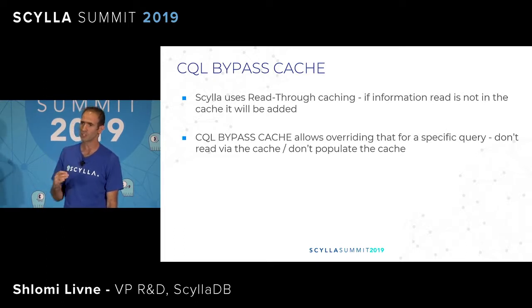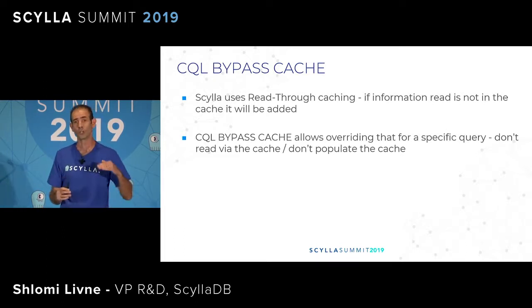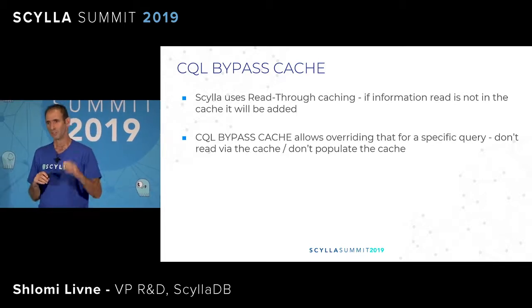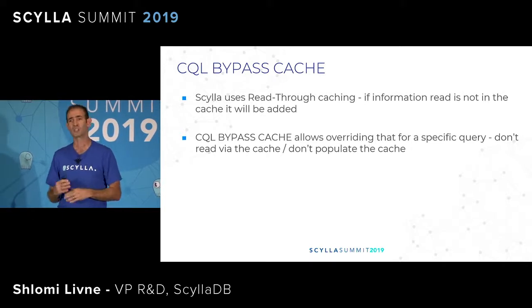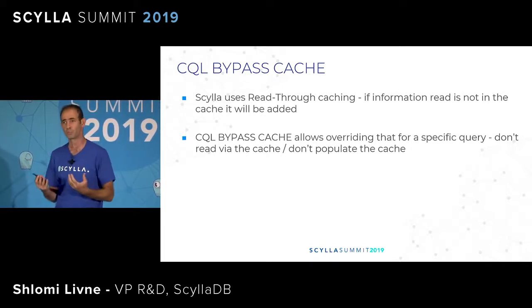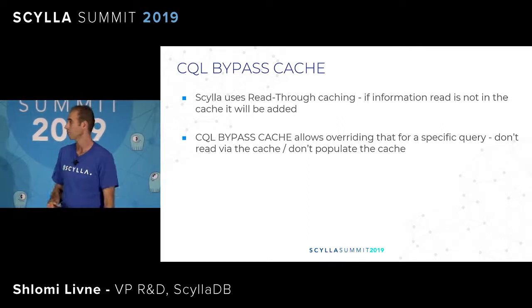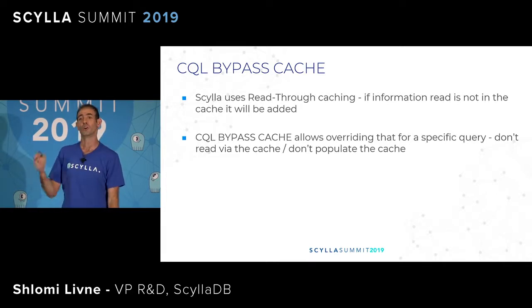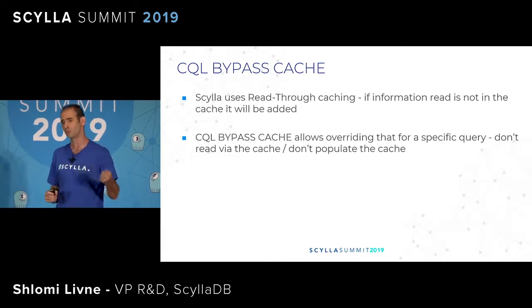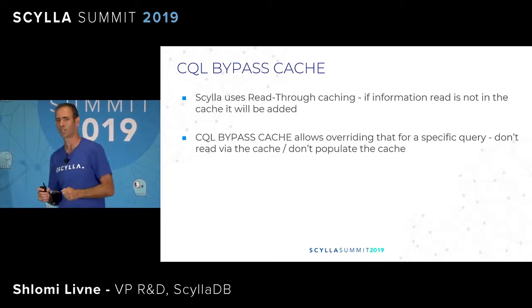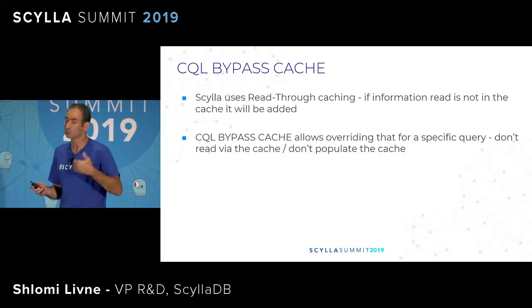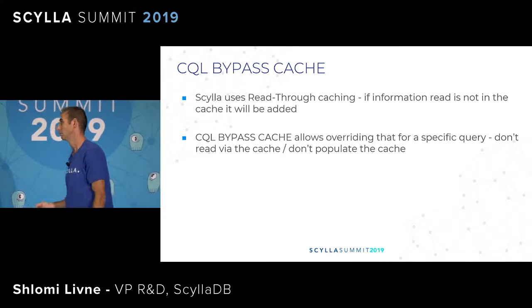Workload prioritization tries to assure you that your online workload can live with your analytics workload, that your analytics workload is not going to eat up all your disk or all your CPU, and your online workload is going to get its fair share. Bypass cache goes another step forward. It means that your offline workload is not going to pollute the cache or influence the cache information, and only the online workload would do that, which is usually what you really care about.